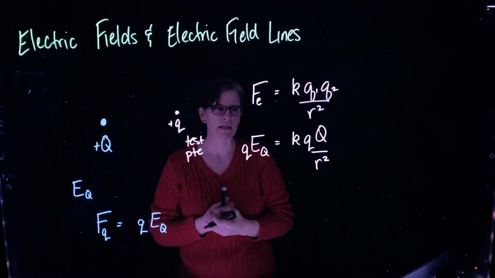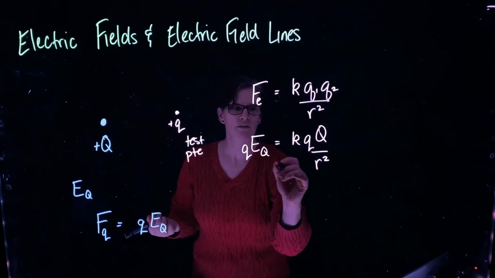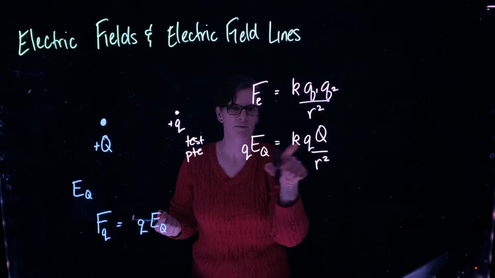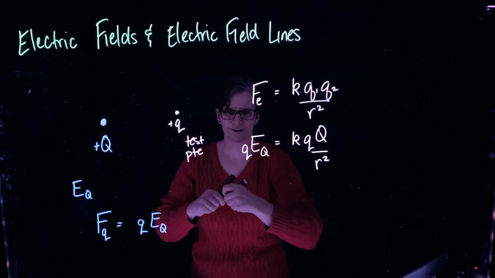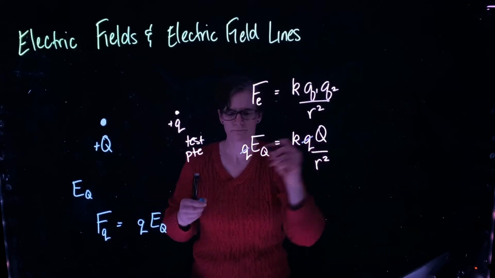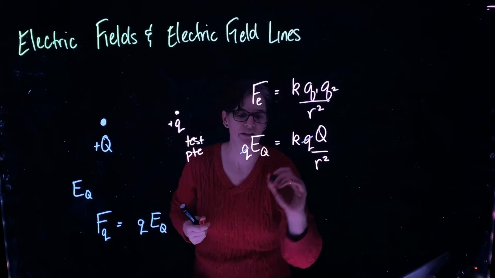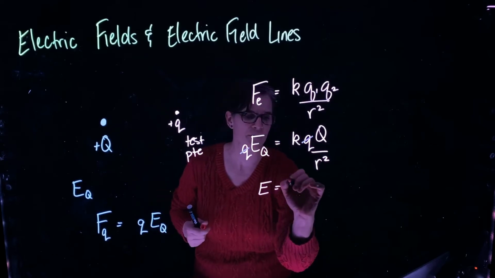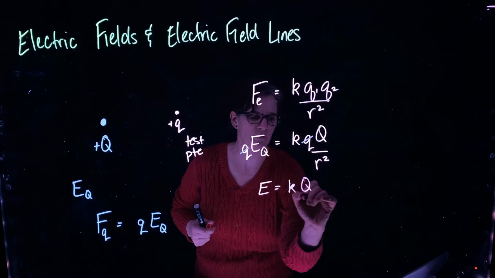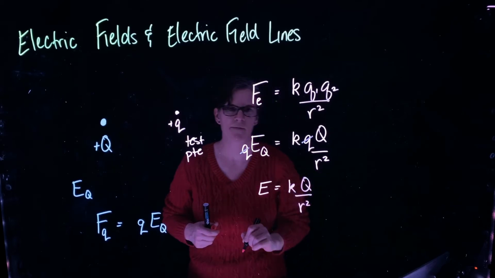Which tells me that the electric field, q on both sides, that q cancels, that the electric field itself is equal to K capital Q over R squared.